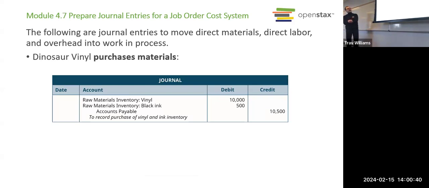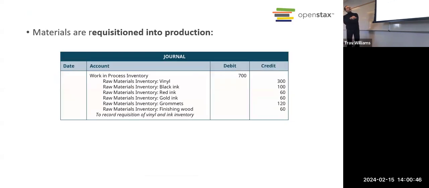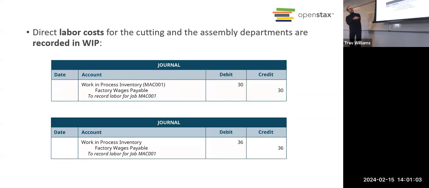They haven't paid, so it's an account payable, and they have the materials. Then some materials are requisitioned into production, so they come out of the materials accounts. Where do they go? Work in process, because once they hit the factory floor, they become part of a particular job.